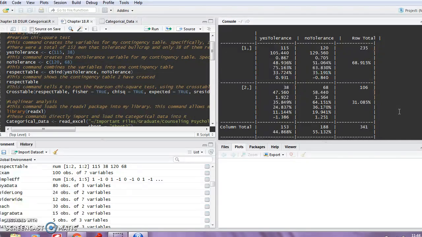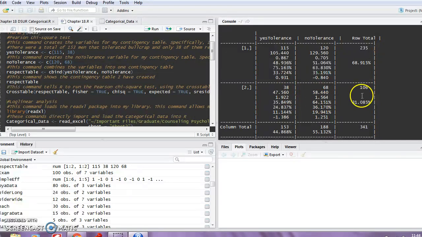Of those 106 men, 68 men who did not tolerate bullshit received respect from their partner. And even further, 38 of the 106 men did receive respect from their partner when they tolerated bullshit.